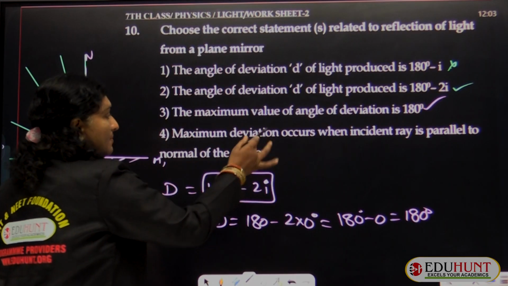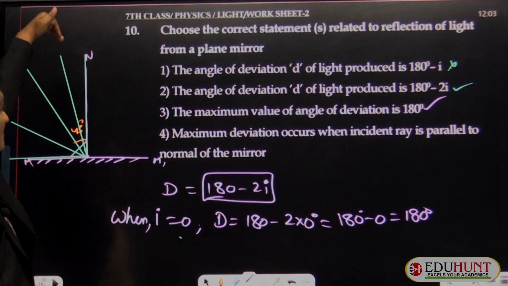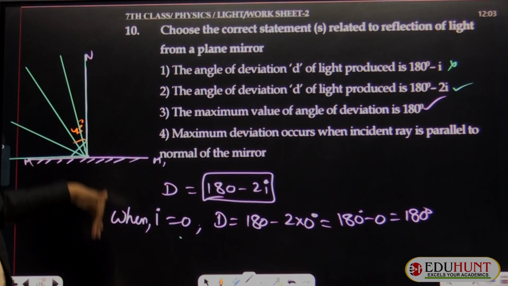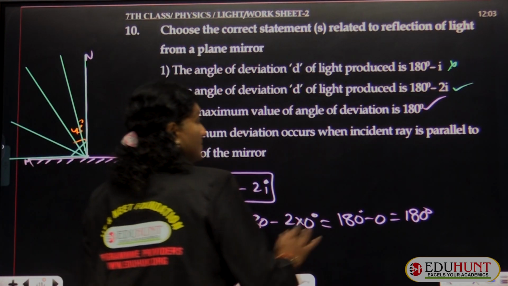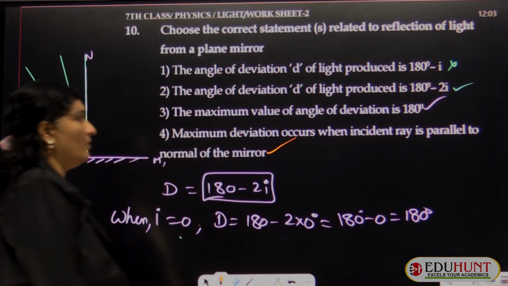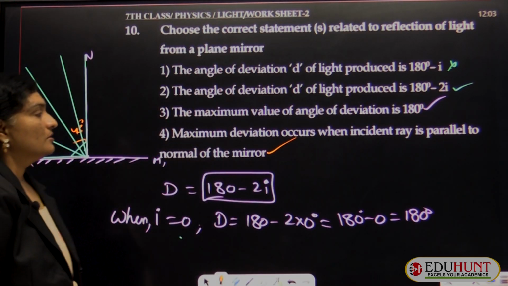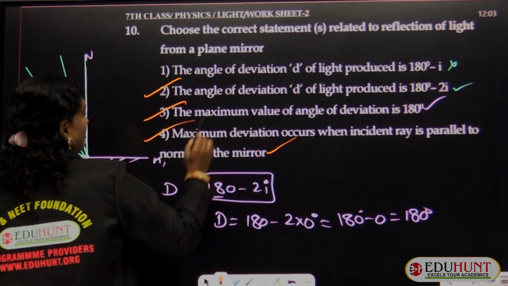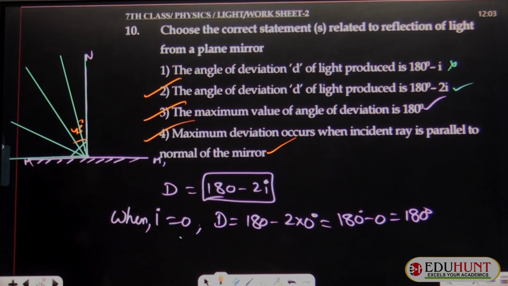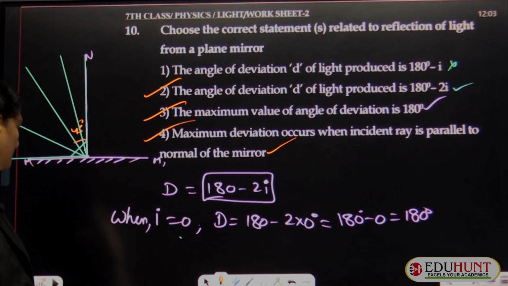So, maximum deviation occurs whenever the light ray is incident parallel to the normal or along the normal. Hence, option D, 4, is also correct. Hence, 3 options are correct. What are the 3 options, children? Second, third and fourth are the 3 correct answers related to plane mirror.